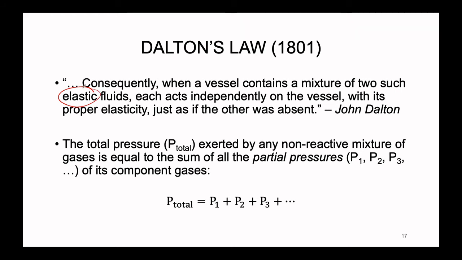Elastic was a term that was being used by physicists at the time and was one of Newton's terms. To be elastic means that the particle is going to interact with another particle by transferring all energy perfectly.